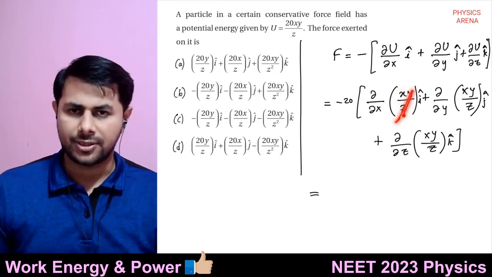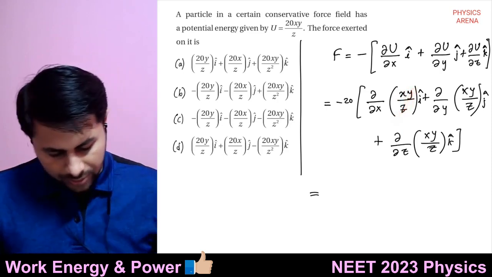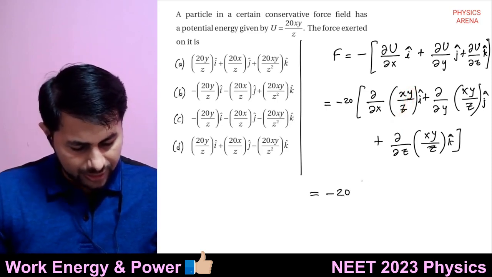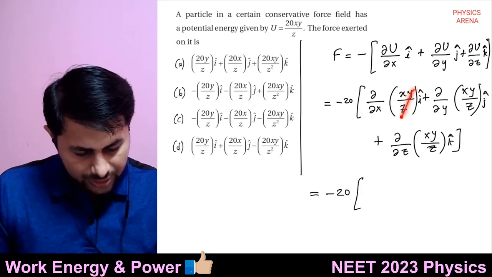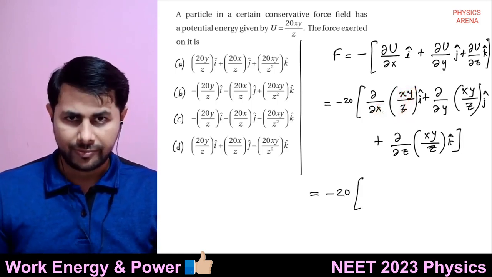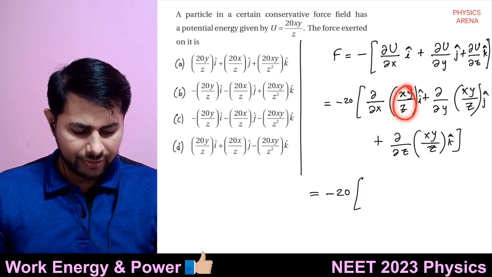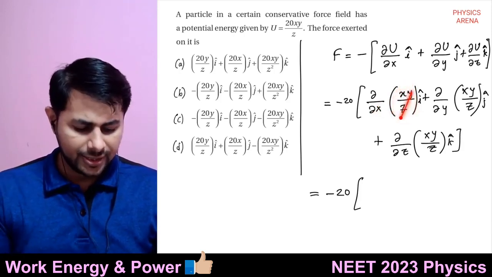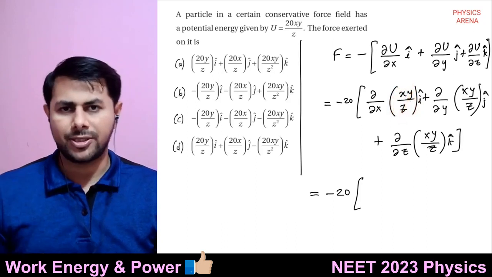When you take partial derivative with respect to x, you will treat y and z as constant. So it is minus 20 times, these are constants. What is derivative of x with respect to x? It's 1. So y and z you can take outside, y upon z only.